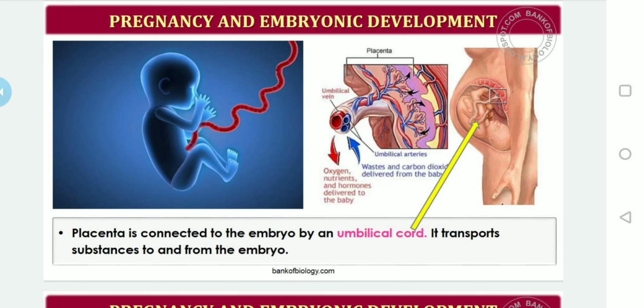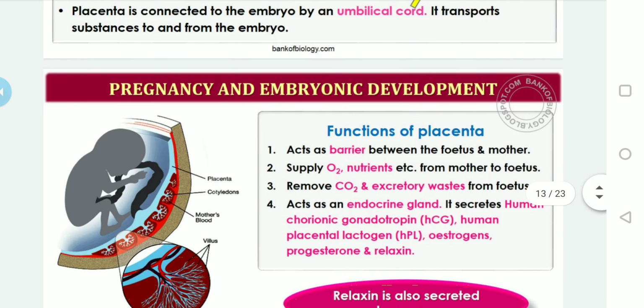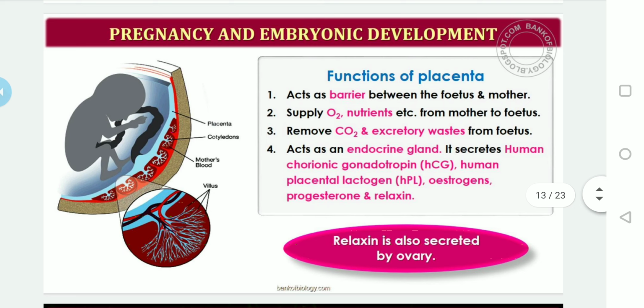And here the question arises, in exams they will also ask, what are the functions of the placenta? Then you should write the answer. The placenta facilitates the supply of oxygen and nutrients to the embryo and also the removal of carbon dioxide and excretory materials produced by the embryo.